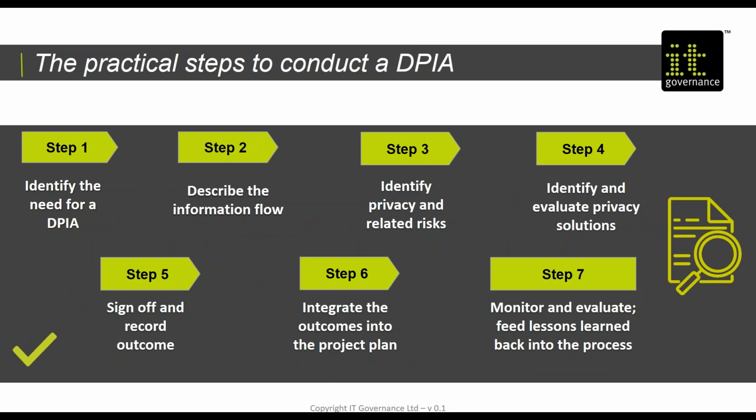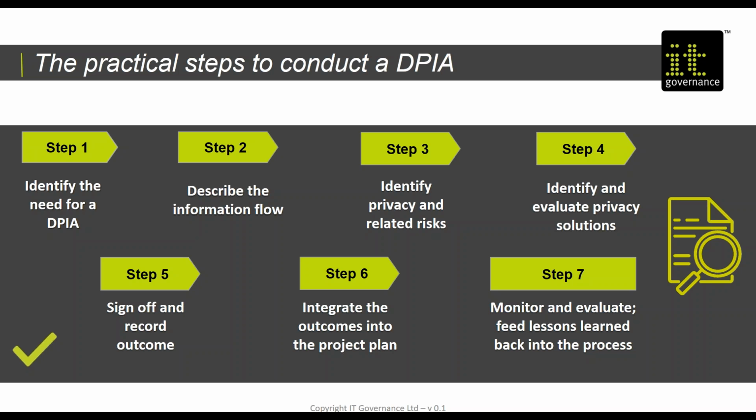So the steps for a DPIA, then, to sum up what I've been saying, is first of all, identify whether or not one is needed. The 3 tests: special categories of data, change in the way we're processing, or monitoring of data subjects on a large scale. Second, what's the information flow?